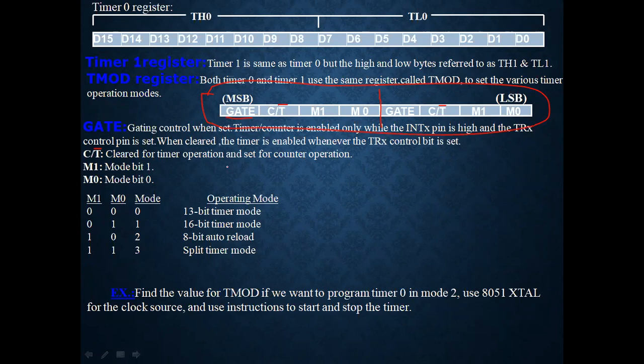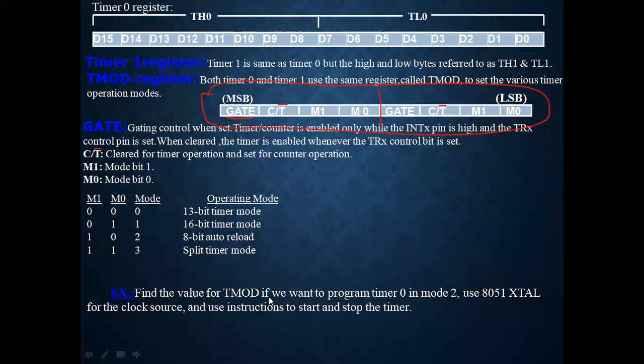The other 2 bits are M1 and M0, the mode selection bits. You can see these in the chart: there are 4 bit patterns, 00, 01, 10 and 11, so there are 4 modes. The 4 modes of the timer are 13-bit timer mode, 16-bit timer mode, 8-bit auto reload mode, and split timer mode.